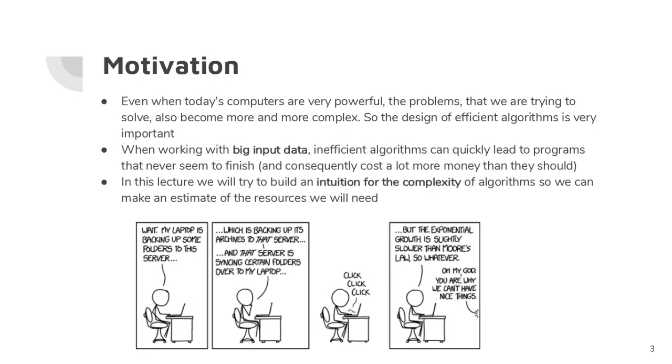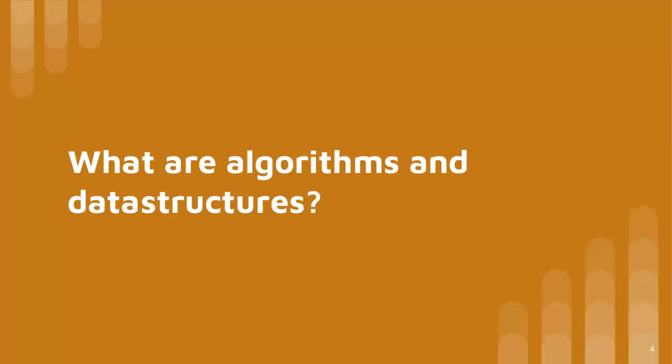So in this lecture, we will try to build an intuition of the complexity of algorithms. So complexity is another word for runtime. So we can also make an estimate of what resources we need. And then there is a small cartoon. Well, you can have a look at it after the presentation.